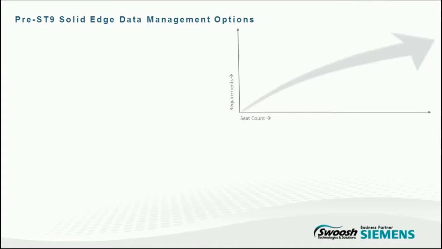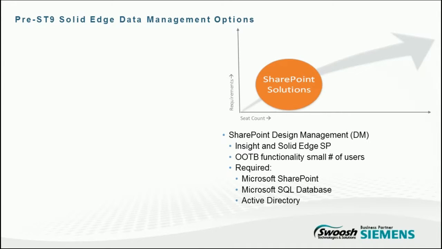So these are a couple of slides that are duplicates from last time, just to explain how Siemens positions their product data management solutions around Solid Edge. If you look at the chart in the upper right corner, you've got requirements on the vertical axis, and Solid Edge seat count on the horizontal axis.